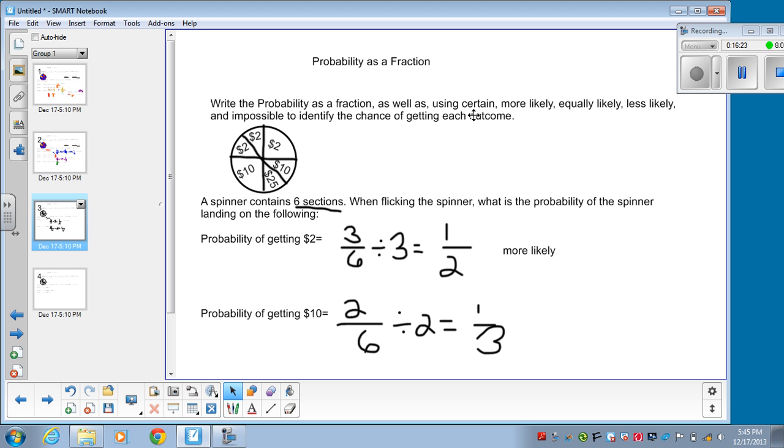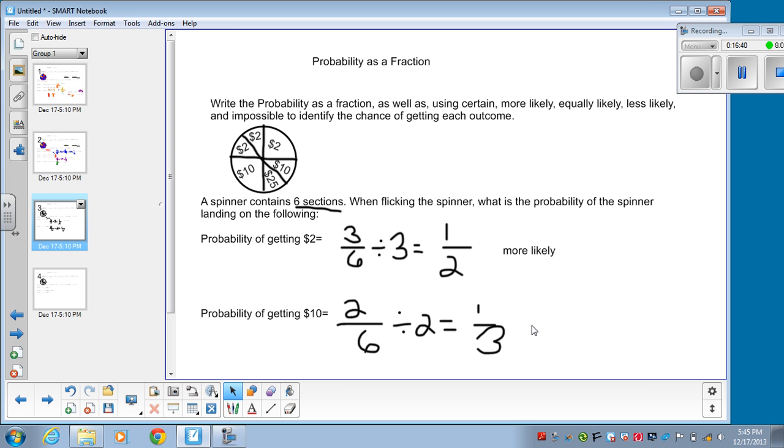Is it certain, more likely, equally likely, less likely, or impossible? I know a lot of you have probably been saying certain because that's one of the outcomes. That is correct.